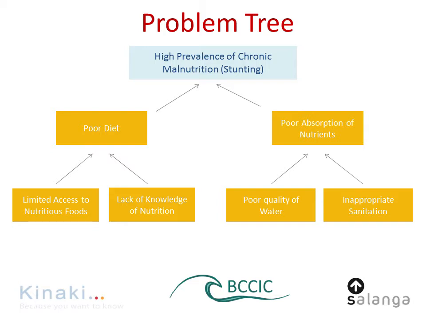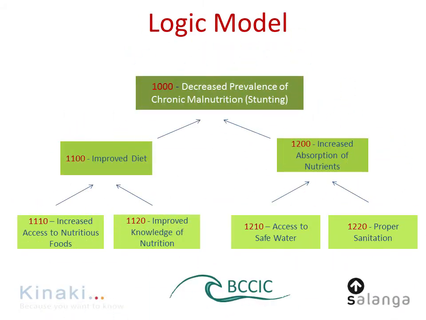On the other side, for the poor absorption of nutrients, we can look at causes like poor quality of water or inappropriate sanitation. So this is a very simplified problem tree for chronic malnutrition, and we will now see how we can actually work with it throughout the project.